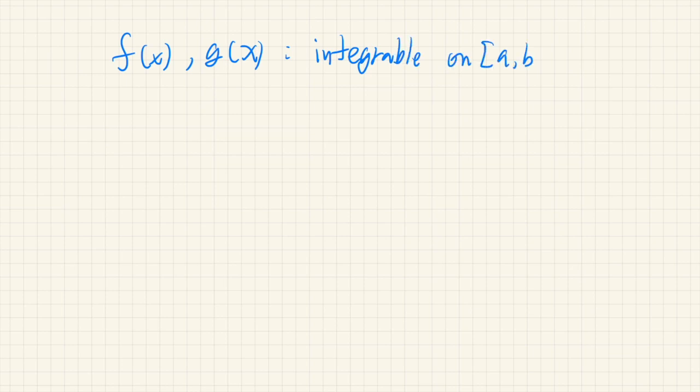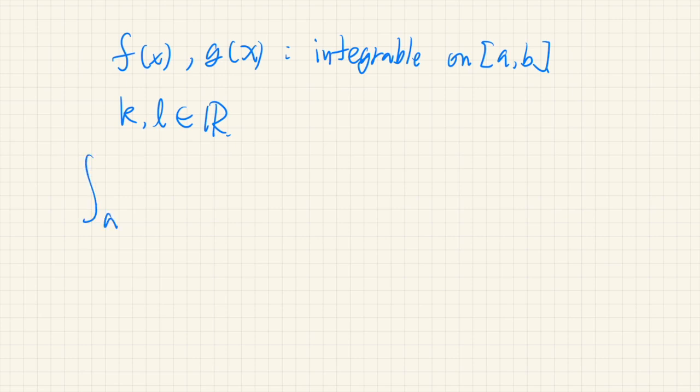The next property is the linearity of the integral. Suppose we have two functions integrable on a closed interval between a and b. Then let's say k and l are some constants, real numbers.